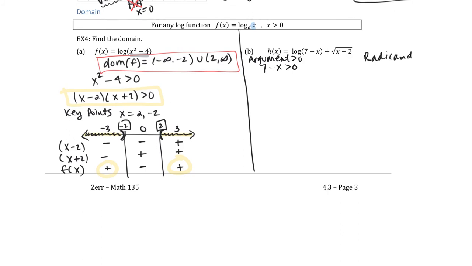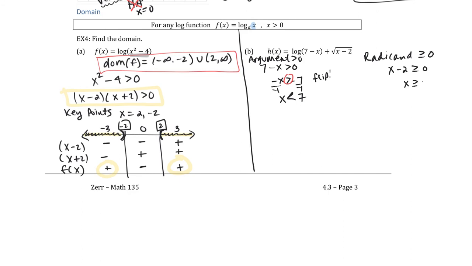So we'd set the radicand greater than or equal to 0, and subtracting 7 from both sides here, and then dividing through by -1. Got to change the direction, you got to flip because we're dividing by a negative. So it would be x is less than 7. Okay, that's our first bit of information, and then here we have x minus 2 is greater than or equal to 0.